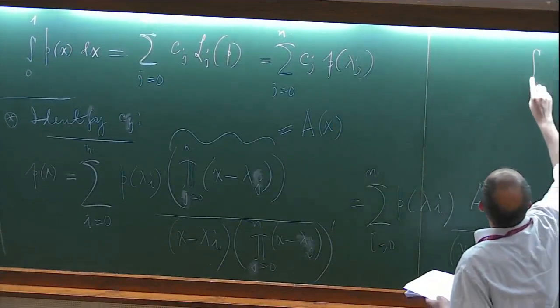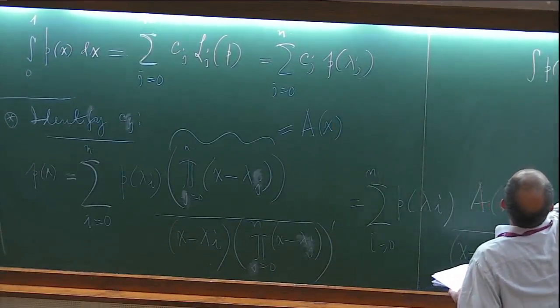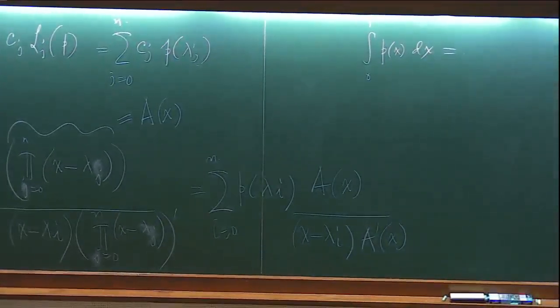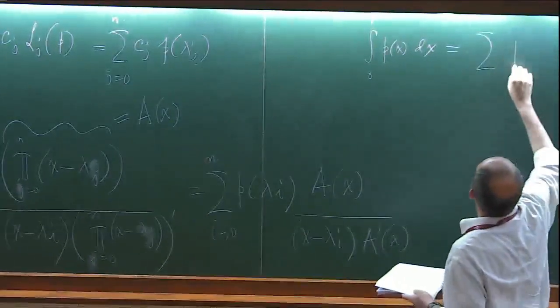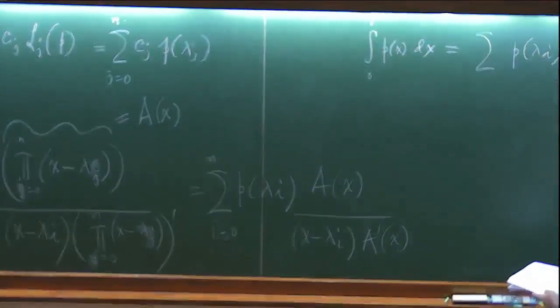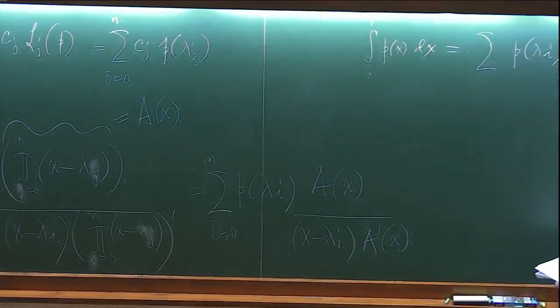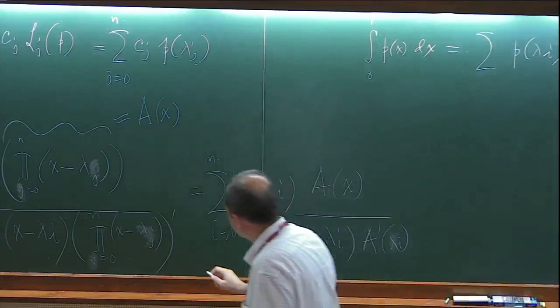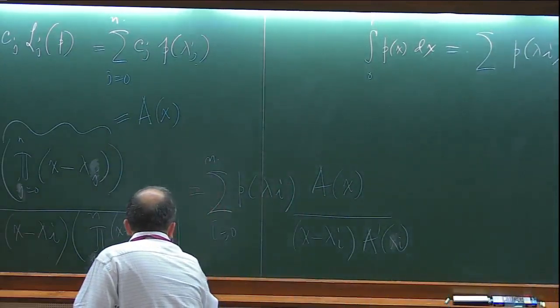And then if you were to integrate both sides, then you can see what happens. You will get the sum of P of lambda i, and then I have the integral of this factor here, A of x over x minus lambda i, A prime, sorry, I have to evaluate this at x equals lambda i.